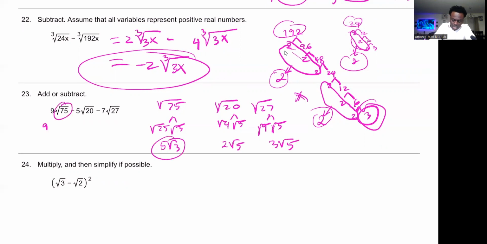So we got 9 times 5 square root of 3 minus. This is only that, right? So that's negative 5 times 2 square root of 5. Let's shrink this.